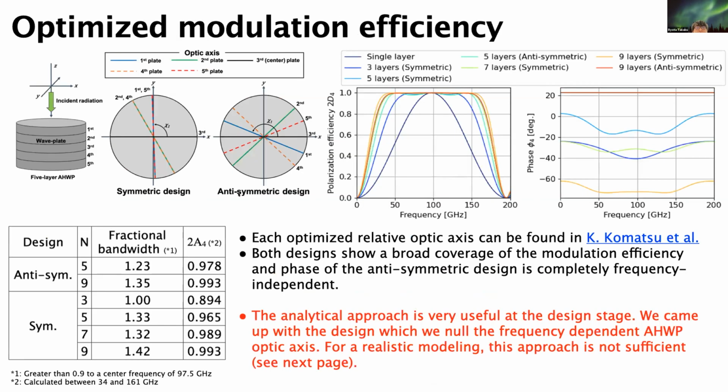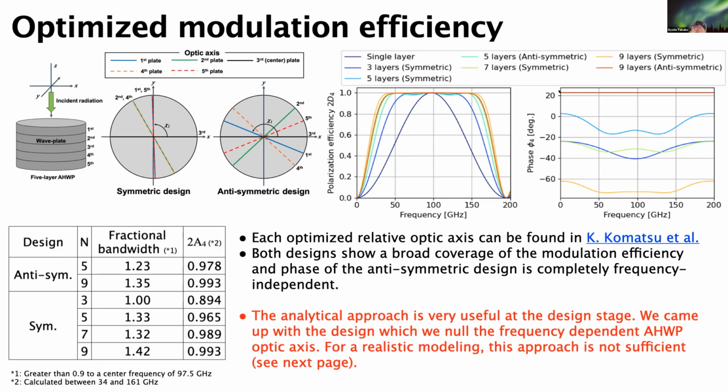Then we optimize the model of the half-wave plate, assuming a few models. There are two representative models. One is a symmetric design, which is the typical type, and the other is the anti-symmetric design, which we proposed in the paper by Kunimoto, Komatsu et al. The anti-symmetric model has a phase completely independent of the frequency.